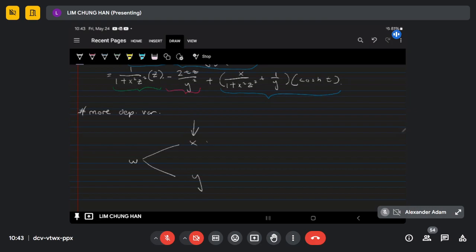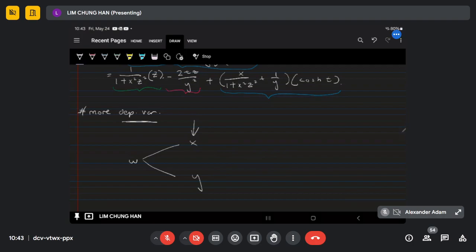now previously it's like that, right? There's only one dependent variable, right? Yes. So what I'm doing now, I want to increase the number of dependent variables. So what's actually happening now is I want two independent variables.